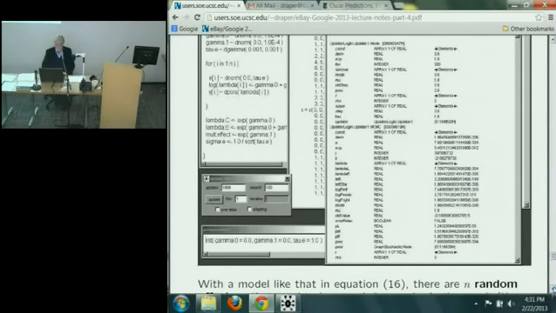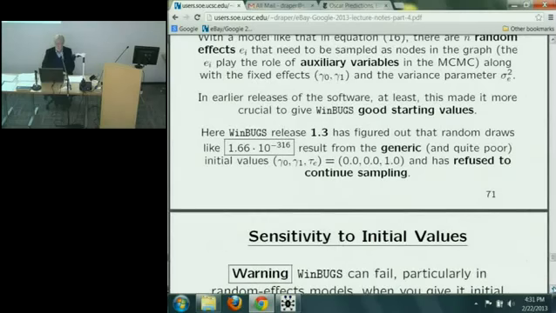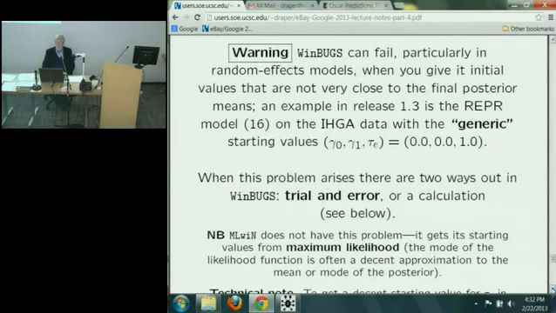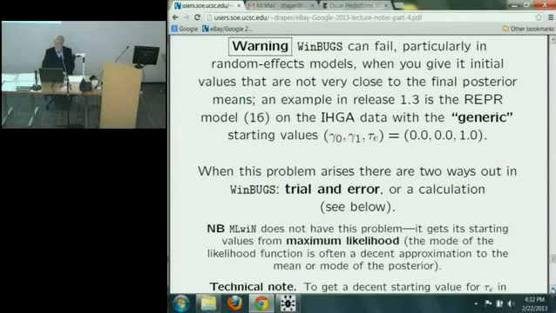So I, in fact, made a little calculation. And this warning, I think, no longer applies in full force, but it is possible to make WinBugs fall over as far as sampling goes if you give it initial values that are enormously far from their actual posterior modes, because then it's scrabbling around with a likelihood surface that may not have a lot of information, trying to get close to the mode of the likelihood, and it may not be able to do so.